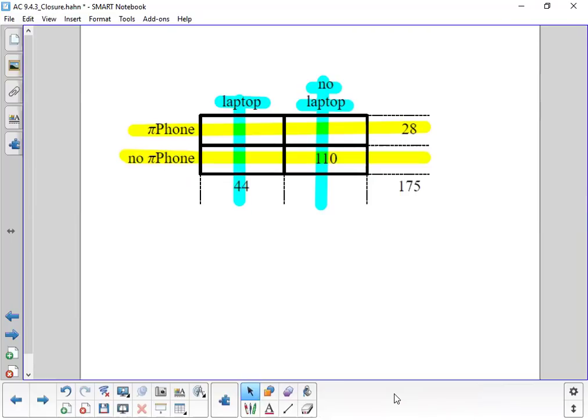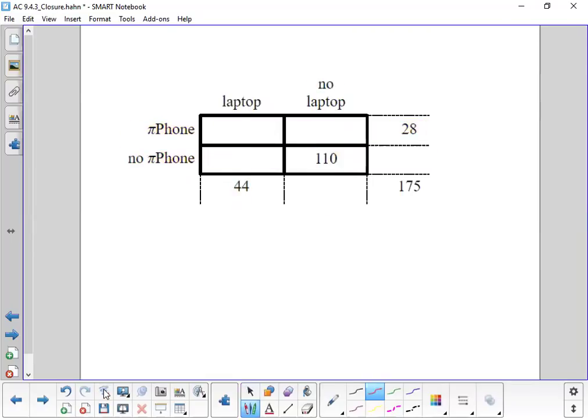So to give you guys just some details about what each of these things mean, this box right here is our grand total. It is what I get when I add up all of the rows and all of the columns. So 175 students were interviewed. That's what my grand total is. These two spots right here are my column totals.